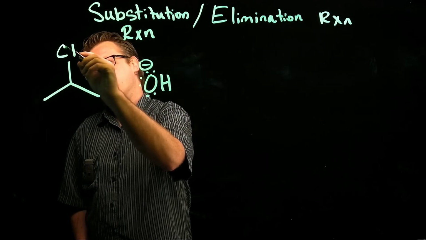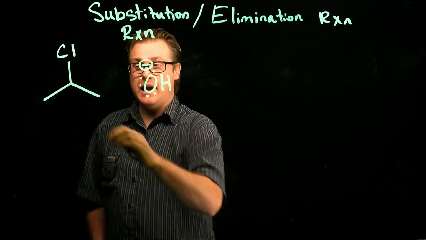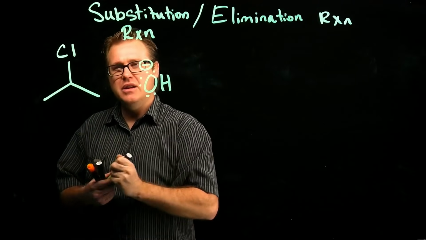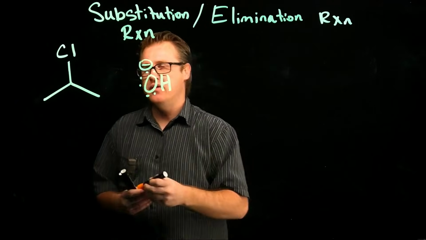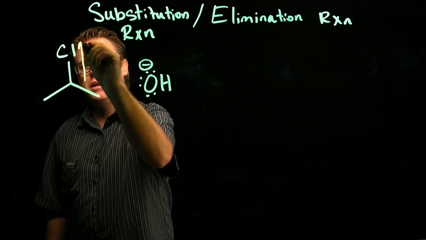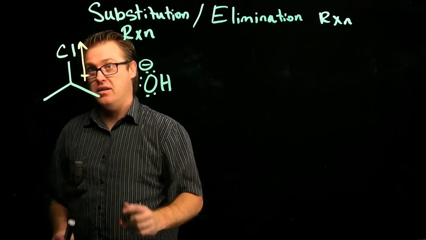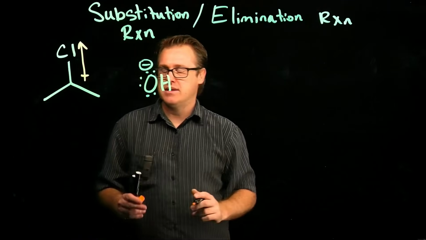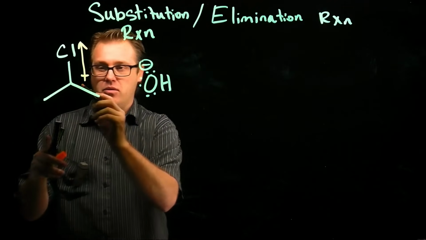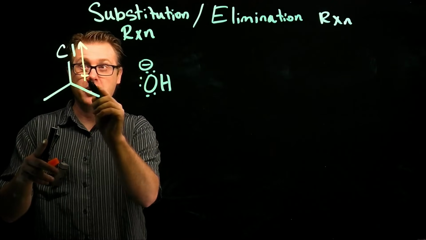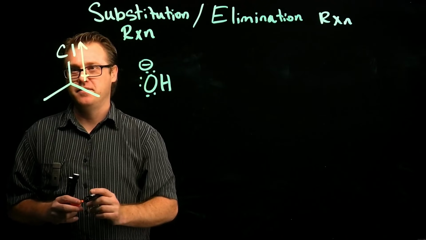Well, the halogen is more electronegative than the carbon, right? So if it's more electronegative, then it's going to pull electron density towards the halogen, right? And so what's the effect of that? Well, this carbon right here is going to be partially positive.